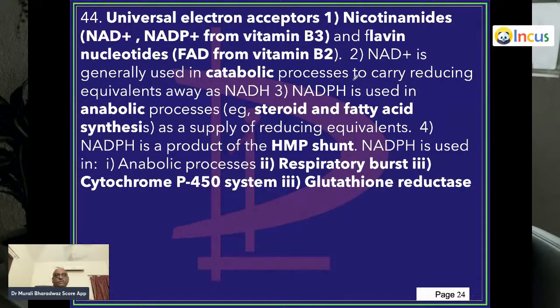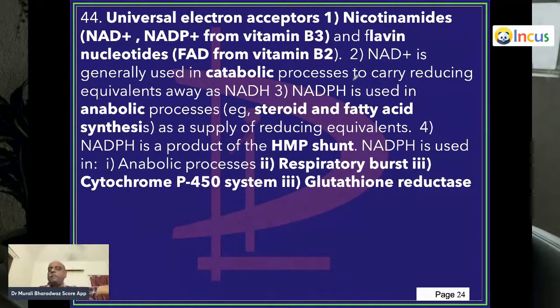NAD is used as a provider of the reducing equivalents in catabolic processes, glycolysis, etc. Whenever NADH is produced, it is the NADH, not NADPH. Whereas anabolic processes are there, no doctor. Steroid synthesis, fatty acid synthesis, there NADPH is used, is generated, is what you need to remember.